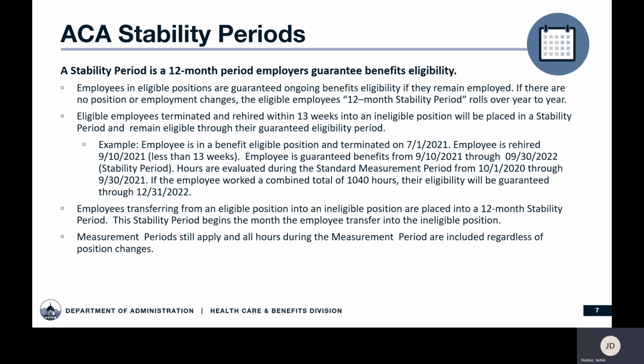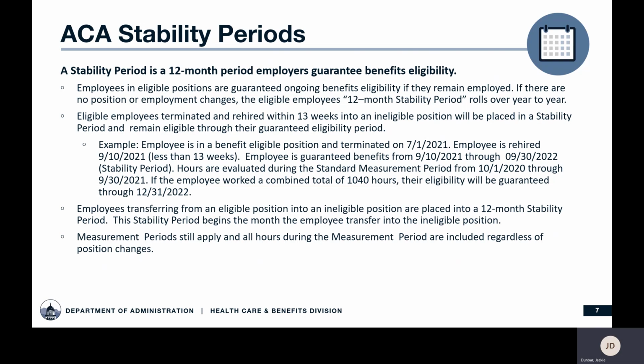Although the state of Montana does not monitor eligible employee hours, eligible employees are still guaranteed a 12-month stability period. This ensures the employee continues to be eligible, and if there are any employment changes, the 12-month period of coverage is guaranteed if the employee does not terminate employment.